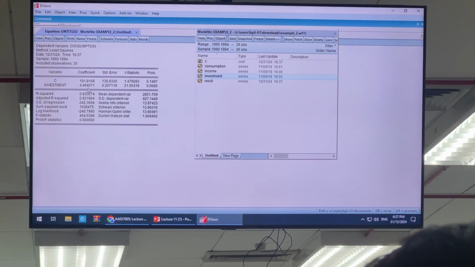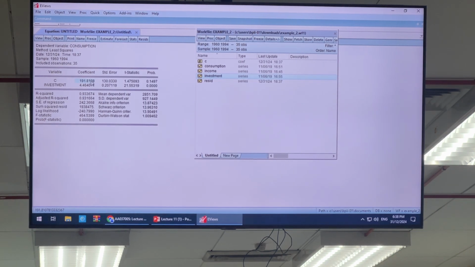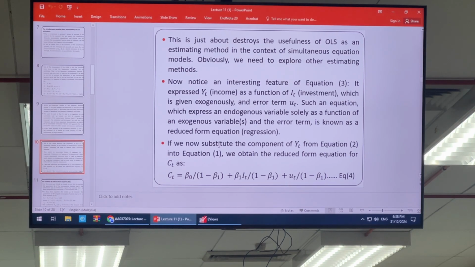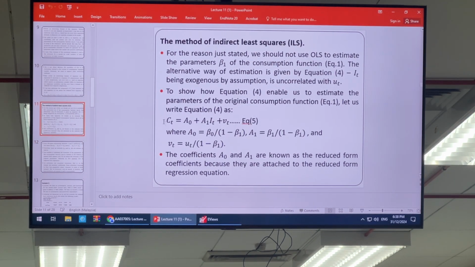Okay, so what does this represent? Estimate for A0, and the estimate for A1. Okay, this is a reduced form equation. Because we regress consumption against investment, so we have intercept A0 and A1.